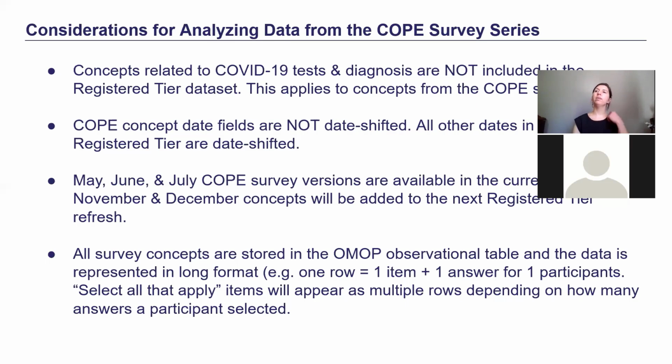That's important to know because many of our survey items are formatted as select all that apply types of questions. So a participant could select more than one response per item. So let's say, for example, a participant selected 5 responses to an item. That is going to be represented in the data as 5 rows. So that would be 5 responses, 5 rows for that participant in that item.